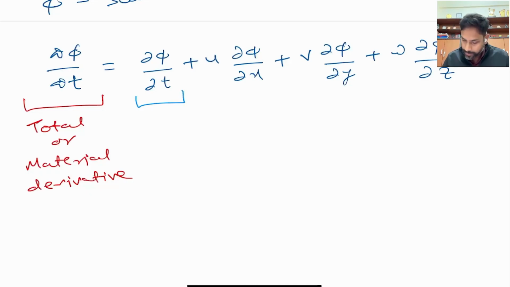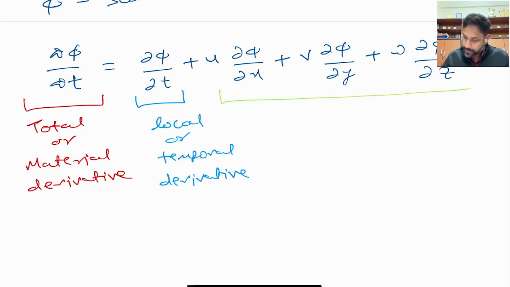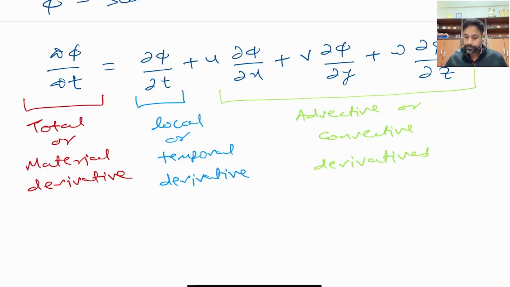This term is the local or temporal derivative, and these three terms together are the advective or convective derivatives, right? So what exactly does it mean?